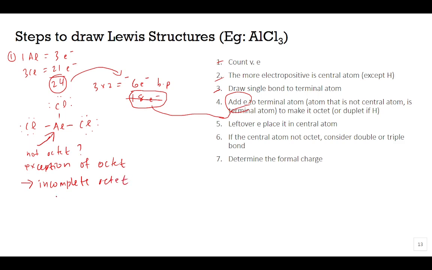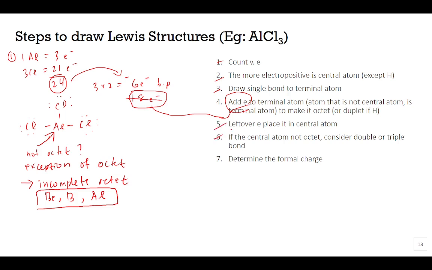Incomplete octet can occur for beryllium, boron, and aluminium only. Only these three. Some people pronounce this verbally, so it might be easier for you to remember: beryllium, boron, and aluminium all have incomplete octet.